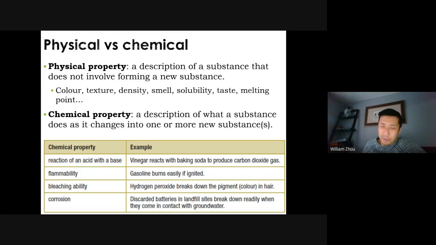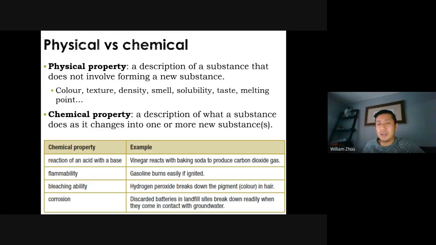It does not dissolve in water. If you lick it, it doesn't taste like anything, and it has a relatively high melting point. Even if you do all of these things to it, it's still gold. If you want to measure how heavy it is, you don't change the fact that it is gold, just put it on a scale.